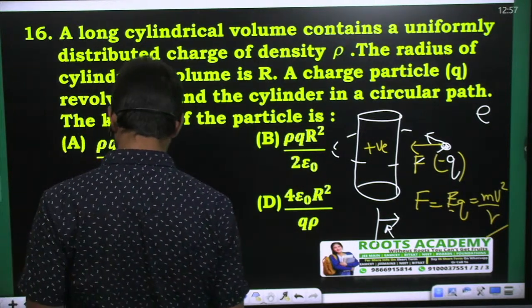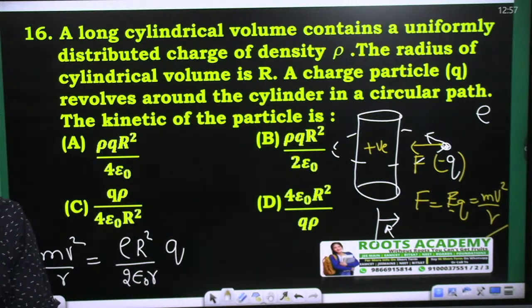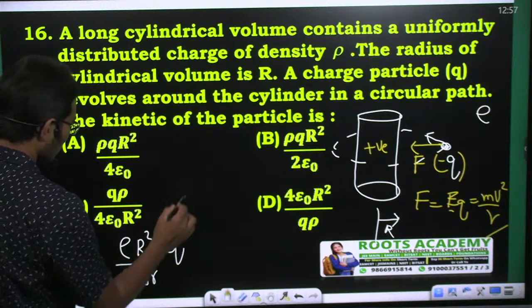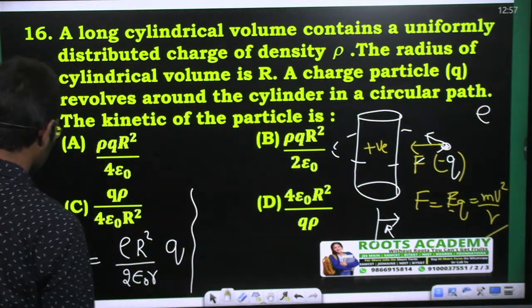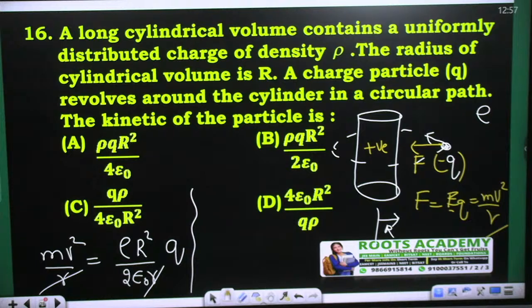So from this, what is he trying to ask? The kinetic energy of the particle. So this is the equation that we have. So we can remove r, right? So if you multiply this with half, we are done.